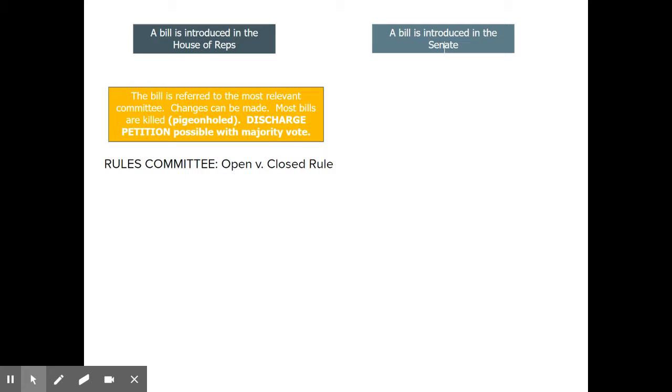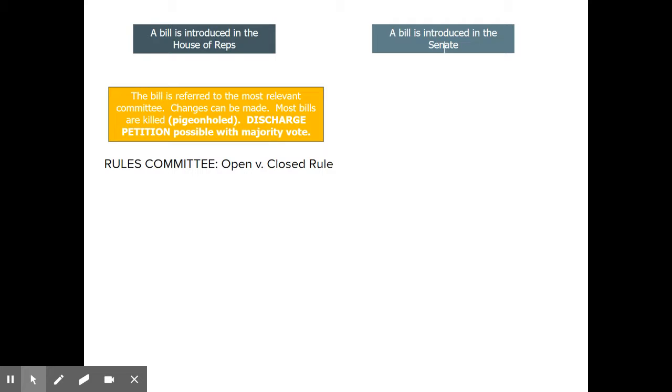Now, one of the things that can happen in the House of Reps is that you can force a bill out of a particular committee by doing what's called a discharge petition. This requires a majority of the reps to vote to force the bill out of committee. If it makes it past the committee, it goes to the Rules Committee, a special committee in the House we've already briefly talked about.